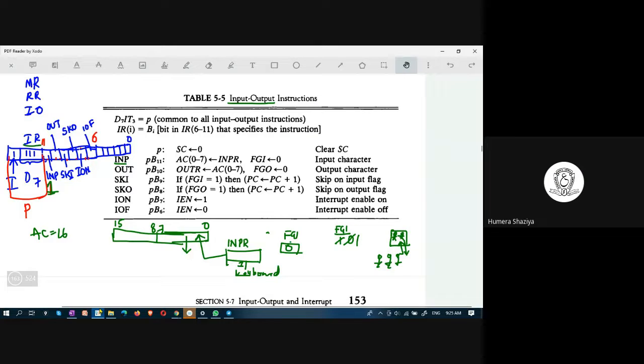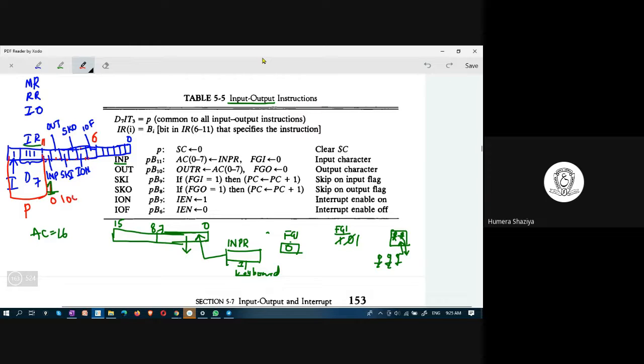Next, the output instruction, OUT. It is executed when bit 10 is set to 1. When you try to execute the output instruction, INP will be equal to 0, OUT will be equal to 1, and all the other bits are cleared to 0.